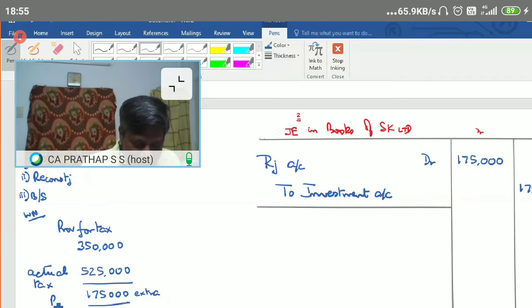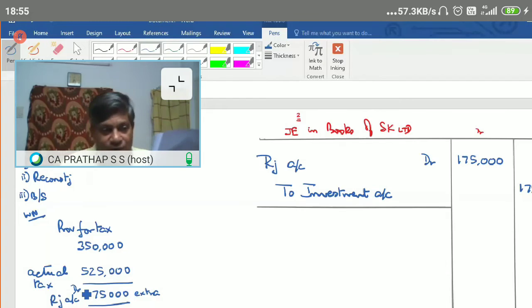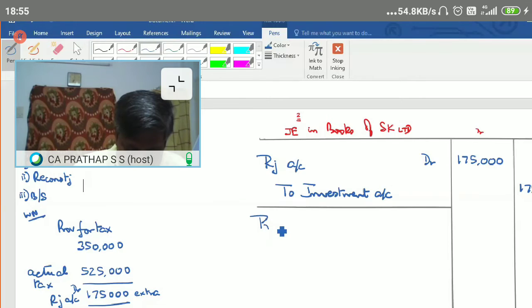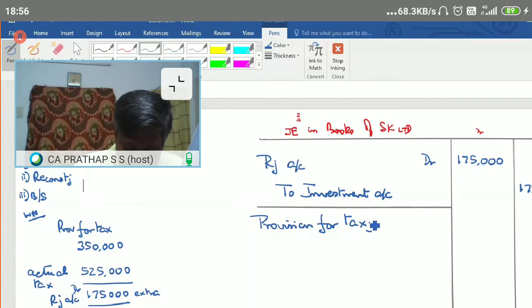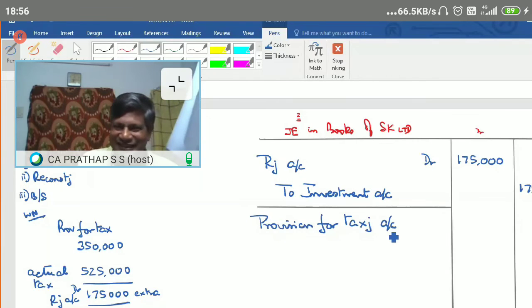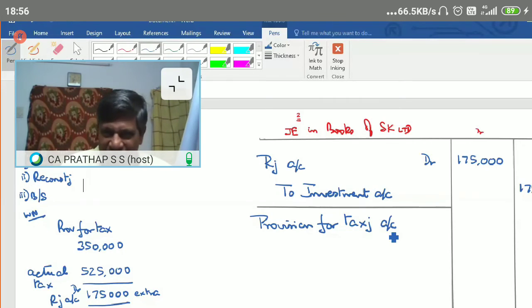And extra will always be debited only to the reconstruction account. And it was paid out of the bank balance, which is in current assets. Now listen, learn this properly. First, provision for taxation account debit. We had a provision of 3 lakh 50, we are now closing it.